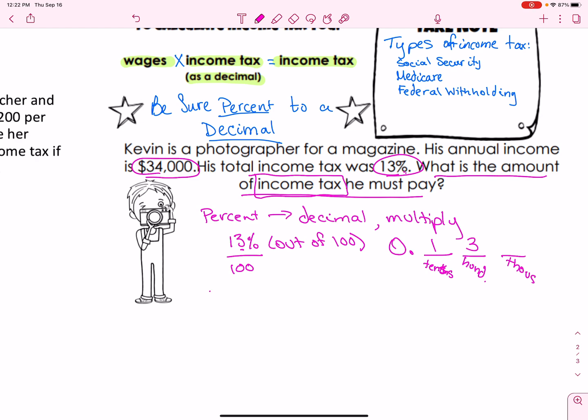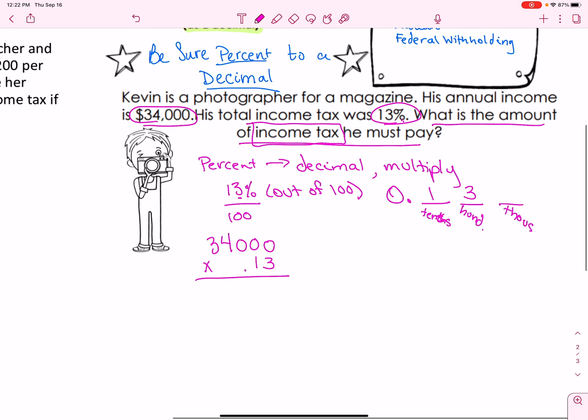So we're going to look at 34,000 times 0.13. 3 times 0, 0, 0. 3 times 4 is 12, carry the 1. 3 times 3 is 9, and 1 is 10. And then blank out a spot so you don't accidentally put a number there. 1 times 0, 0, 0 is 0, 0, 0. 1 times 4 and 1 times 3.